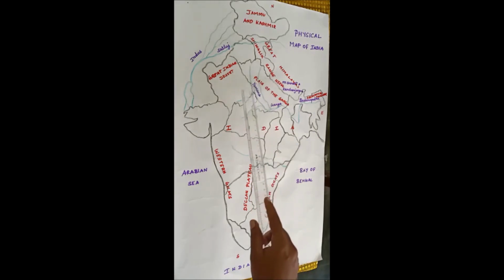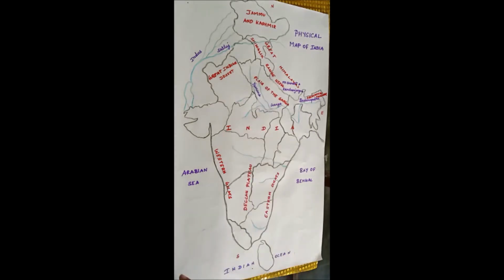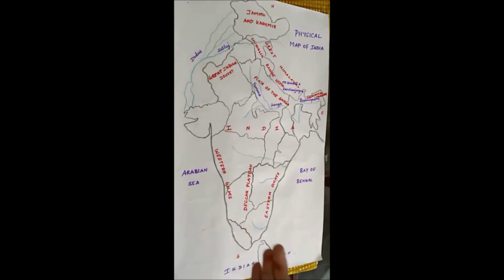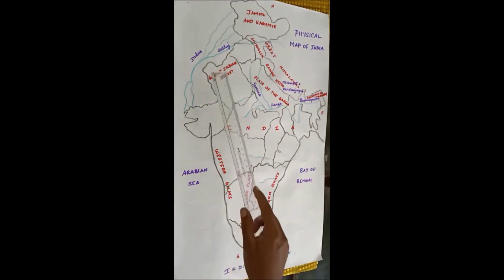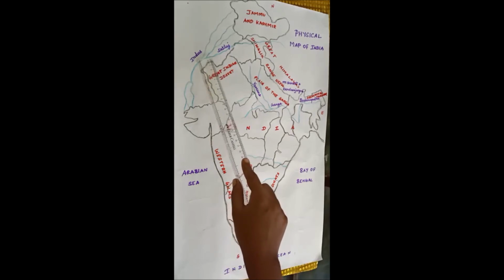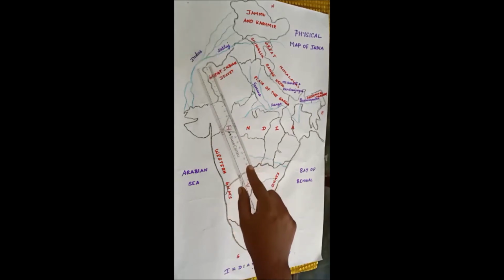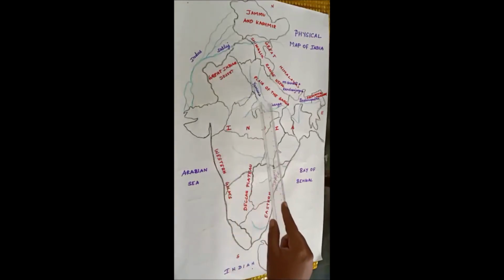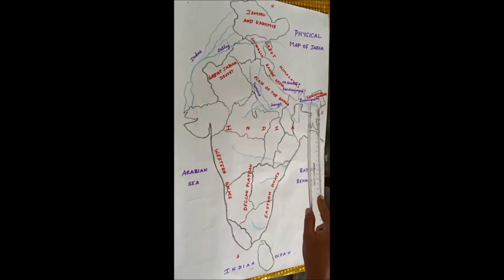When we move to the northern plains, I said about the 3 great rivers. The first one is Indus, the second one is Ganga, and the third one is Brahmaputra.